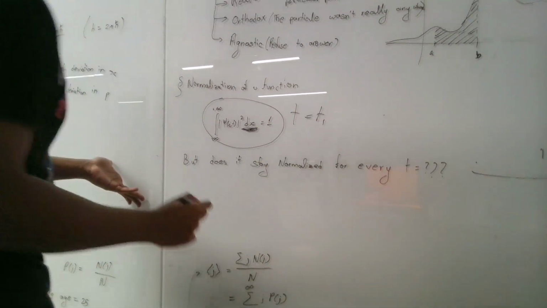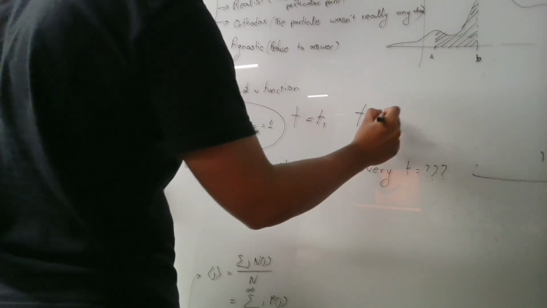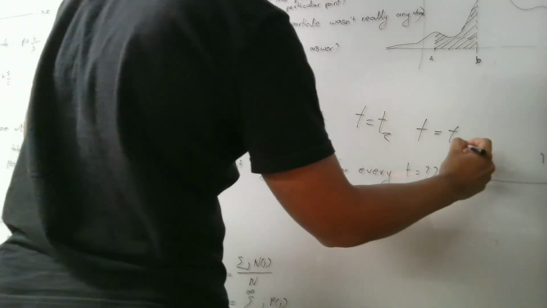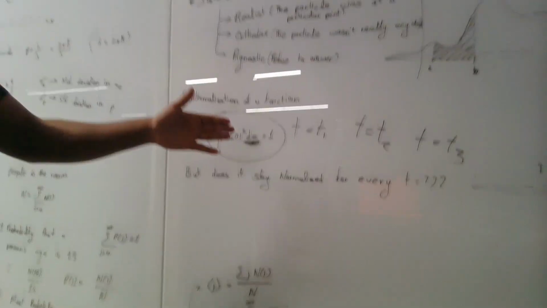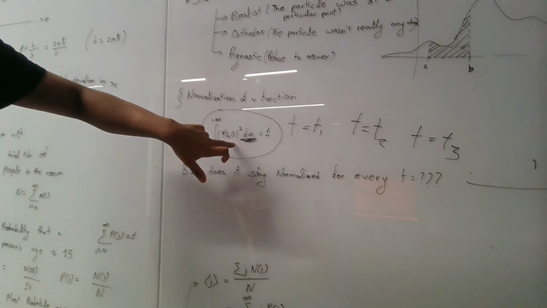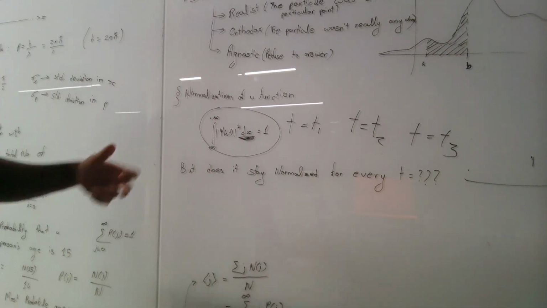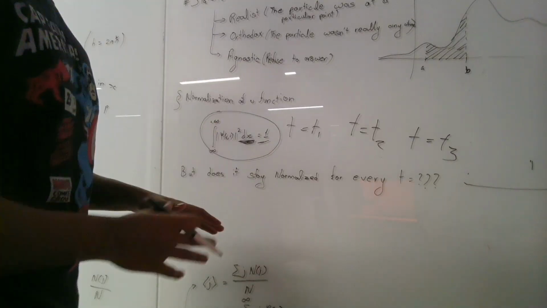Would the normalization change at all if we were to take it at t equals t2 or t equals t3? The answer is no. The normalization would always be 1. If you were to integrate this thing from negative infinity to positive infinity in terms of position, you'd always get 1. It would not change with time.